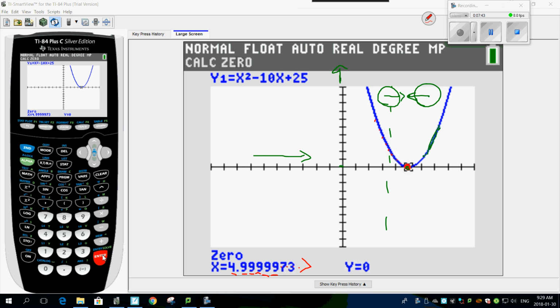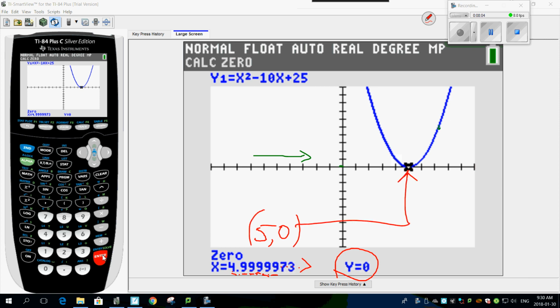And because it rounds in its calculations, you may get some crazy decimals. And that's one of the crazy decimals we're talking about. So when it's actually that close to 4.999, just say it's 5. And then, of course, that's when your y equals 0. So the coordinate is (5, 0). That, sports fans, is your root.